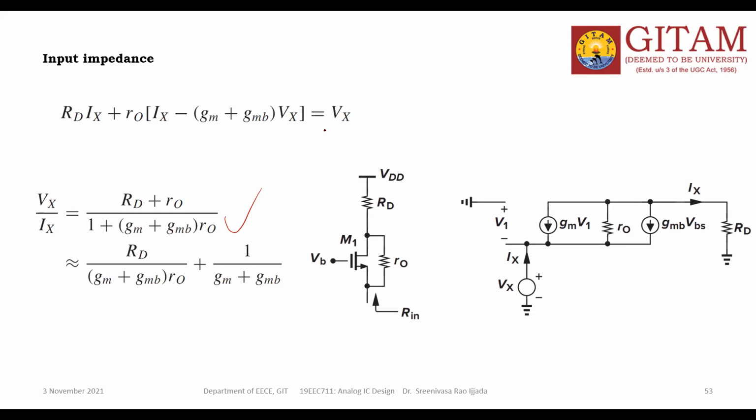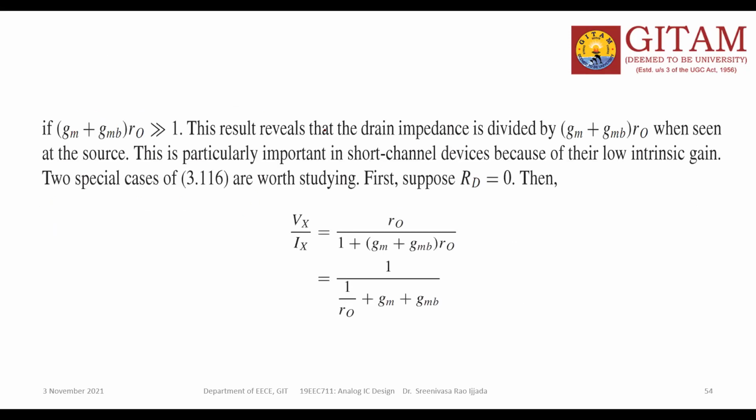Understand? Then this is your gain equation. Suppose you do not approximate the 1 value, then you keep it like this. Then divide the numerator and denominator by R naught. Then 1 by R naught plus GM plus GMB.